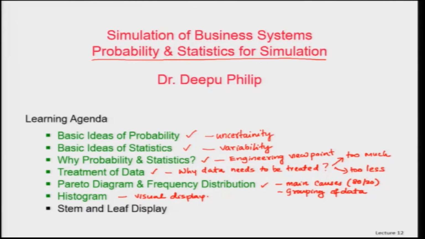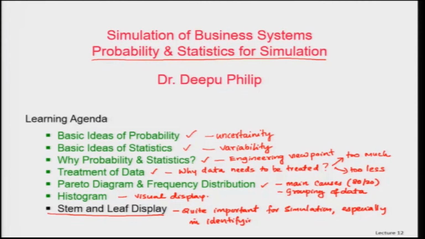Today we are at the last topic, which is the stem and leaf display. It is an important tool, usually quite important for simulation people, because it has a uniqueness for simulation, especially in identifying input probability distributions.